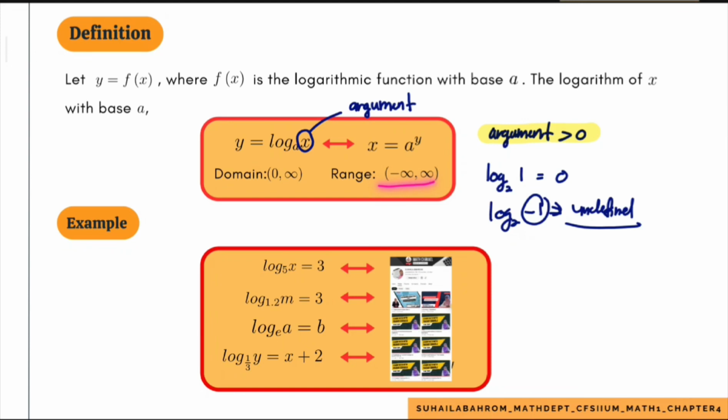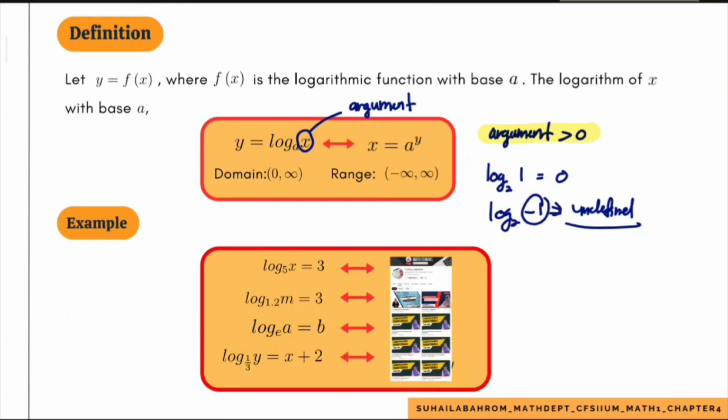The relationship between the log function and the exponential function is that they are inverse to each other. So when we try to get the inverse of the log function, we will get the exponential function. When you try to get the inverse of any exponential function, you will get the function in terms of log.